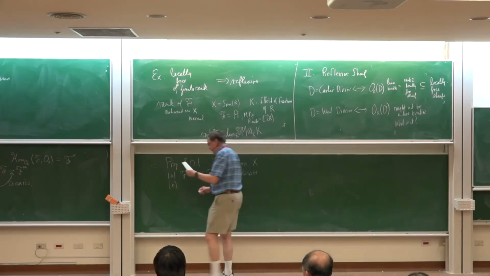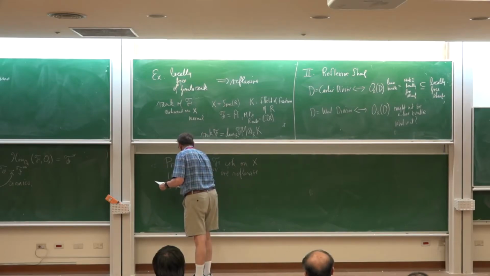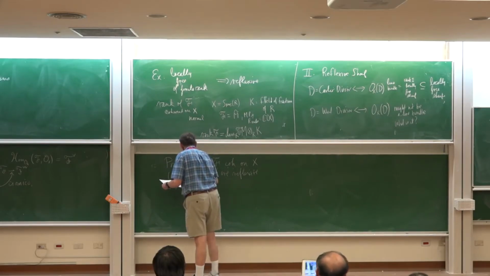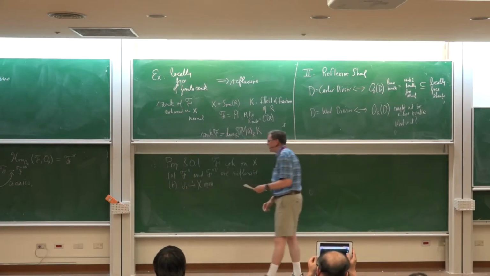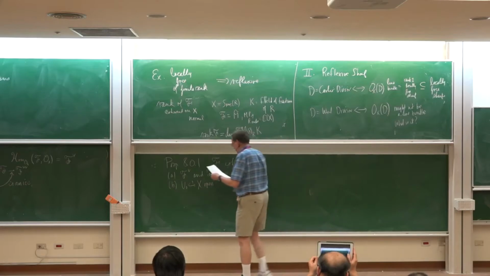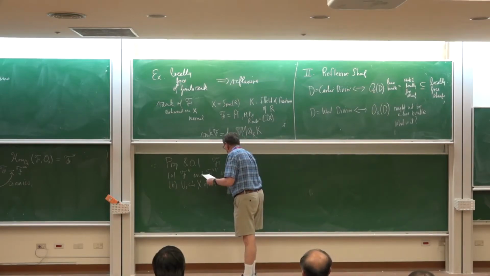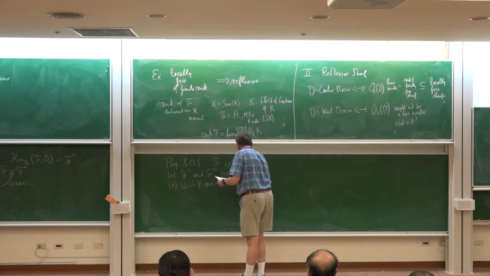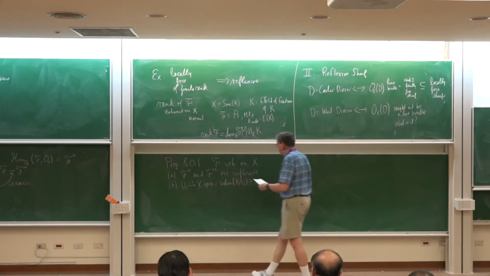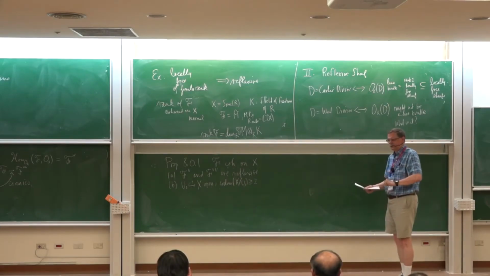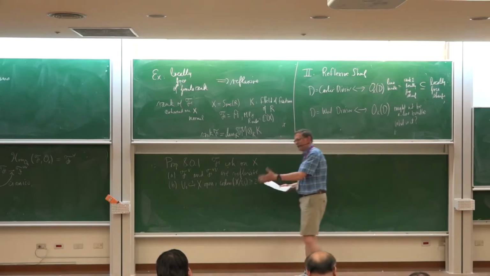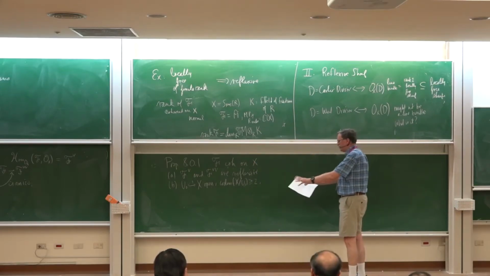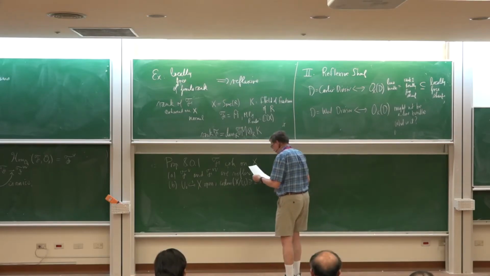So what happens is, suppose that I have an open set U of X with two properties. The first property is that the codimension of the complement is greater than or equal to 2. So basically I'm throwing away some pretty small stuff, because the higher the codimension, the smaller the dimension of the stuff I'm throwing away.